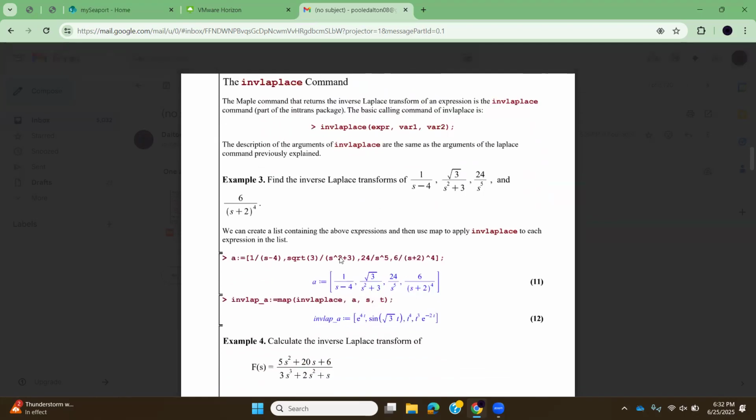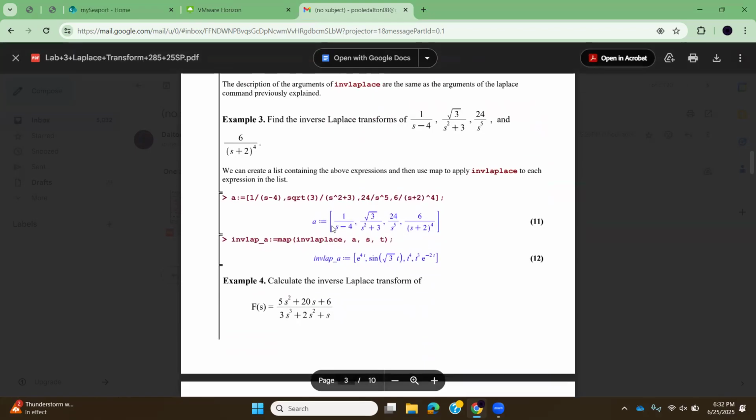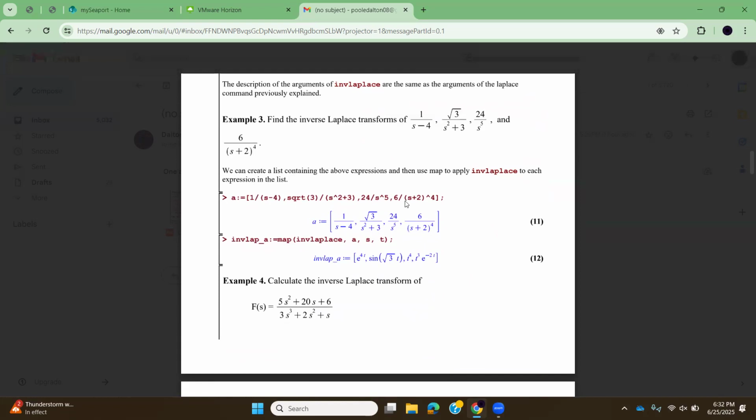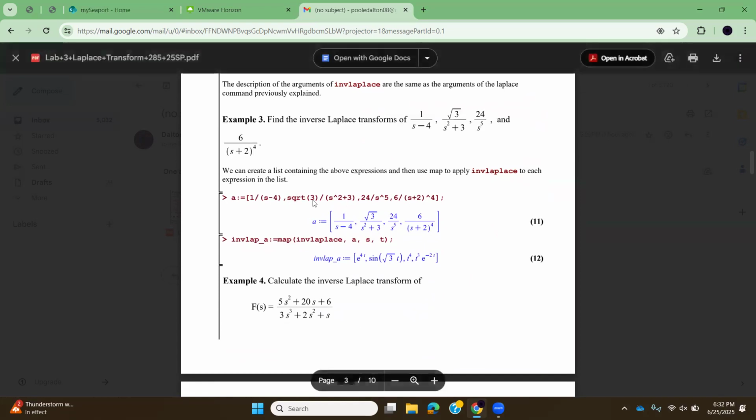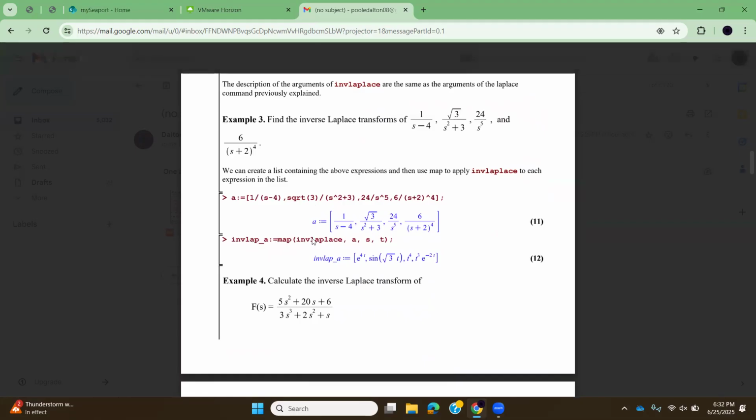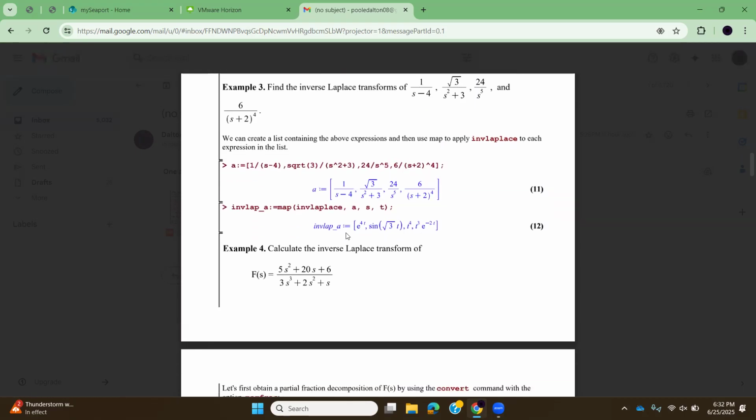And similar to what we were doing before, we're going to call this list containing all the expressions above A, and then we're going to convert the inverse of A. I guess this map thing just formats it properly.